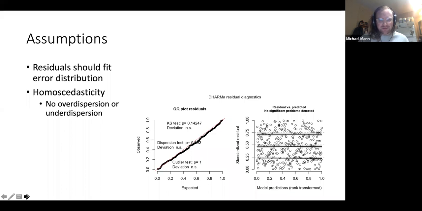But I found this other package recently called DHARMa, and it basically will create your QQ plot to look at your residuals, and also the residuals versus predicted plots. So you can test homoscedasticity, or overdispersion and underdispersion, with your GLM models.